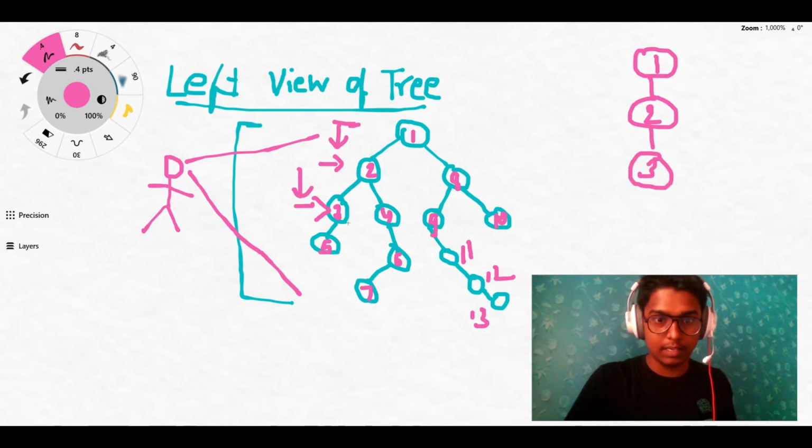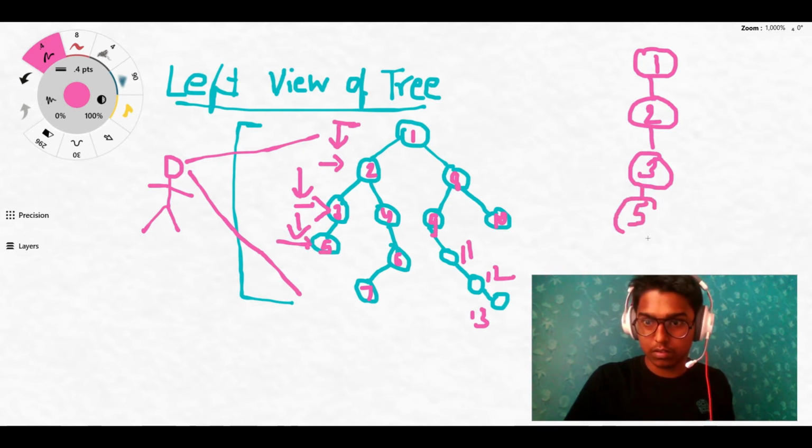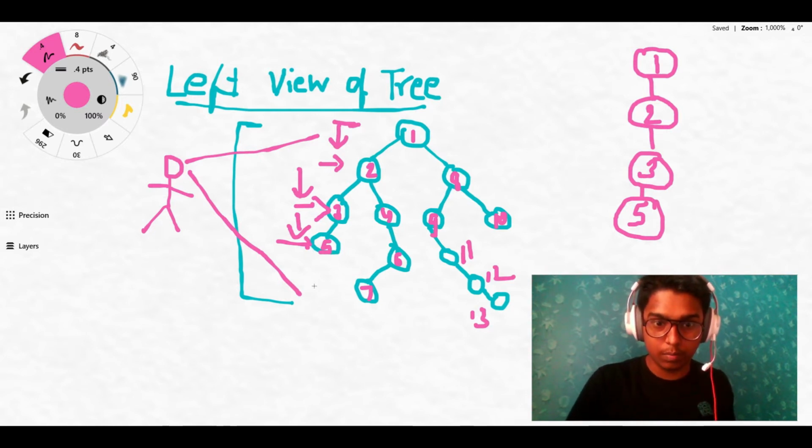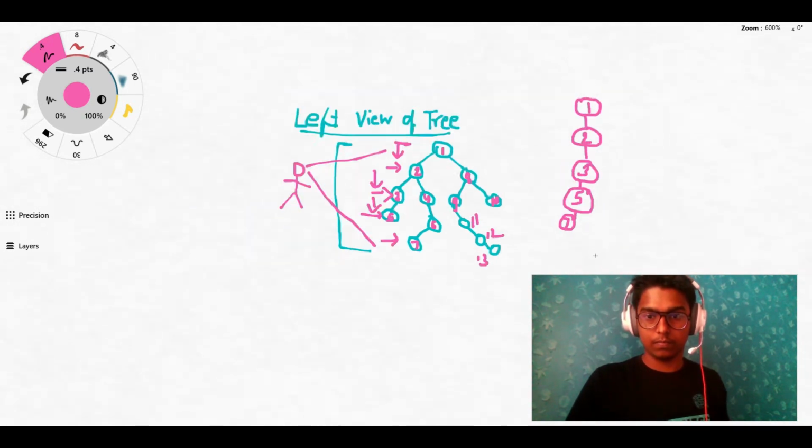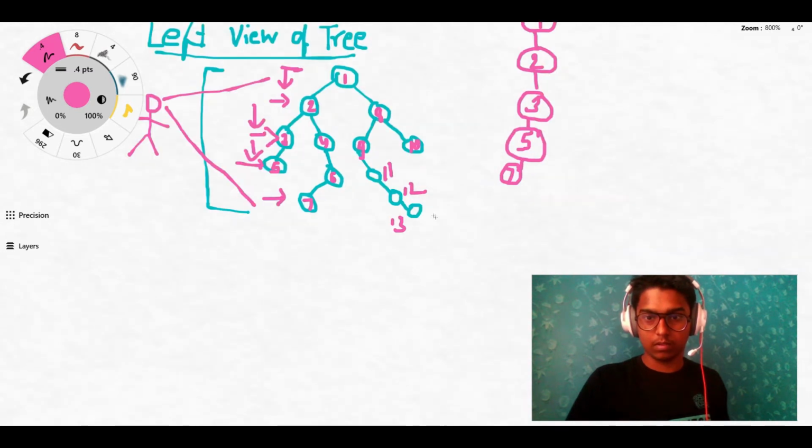right? Now again it will go downward, and what will he be seeing? 5, right? So it's 5, right? Now again when he's going to see downward, what will he be seeing? 7, right? So it's 7.